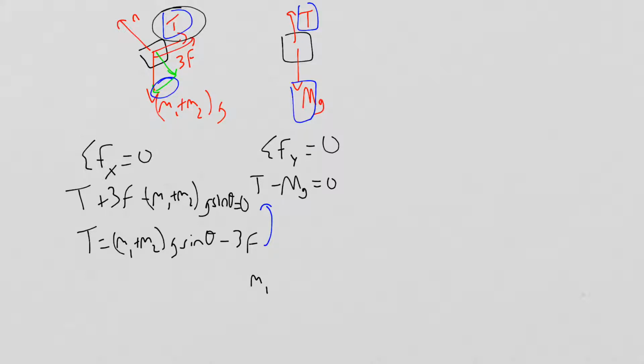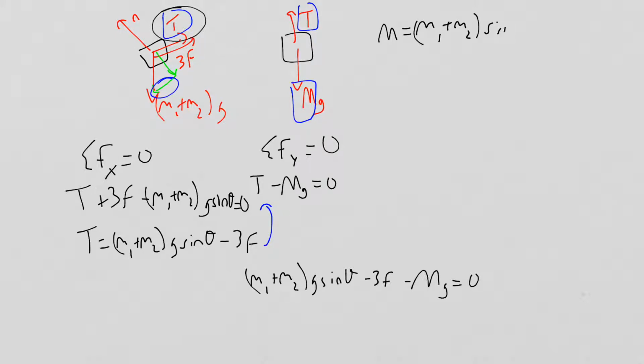And so we get (m1 plus m2) g sine theta minus 3F minus capital Mg equals 0. If we move the capital Mg term to the other side and divide by g, we get our result that capital M equals (m1 plus m2) sine theta minus 3F over g. And so that's our answer.